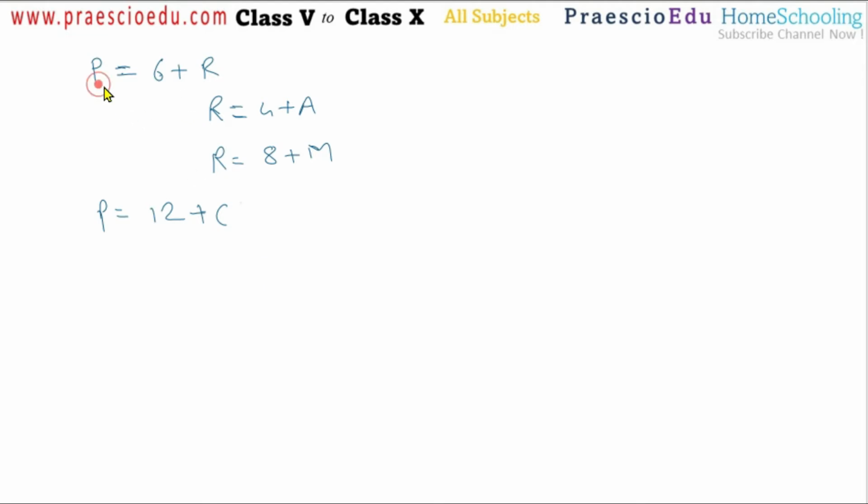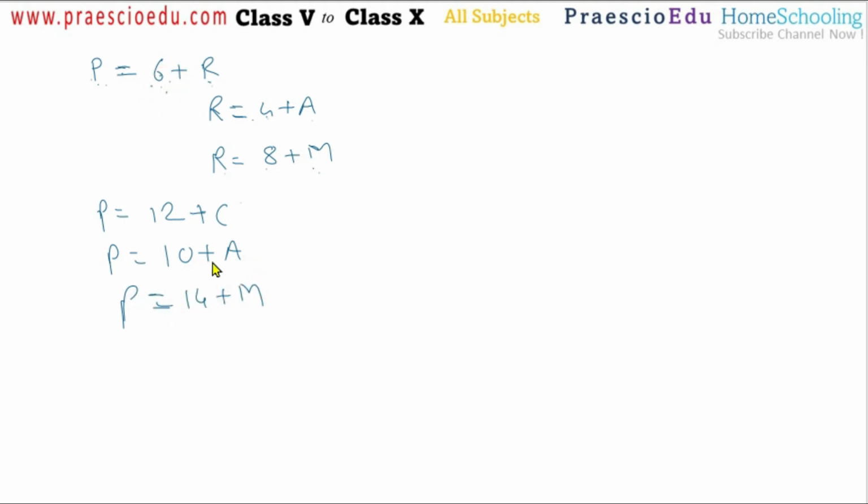Now Pinku has 6 pencils more than Rinku, so we can say Pinku has 6 plus 4, that is 10 pencils more than Anu. So P equals 10 plus Anu. Then Rinku has 8 pencils more than Manu and Pinku has 6 more than Rinku, so comparing Pinku and Manu, 6 plus 8 means 14 plus Manu's pencils.